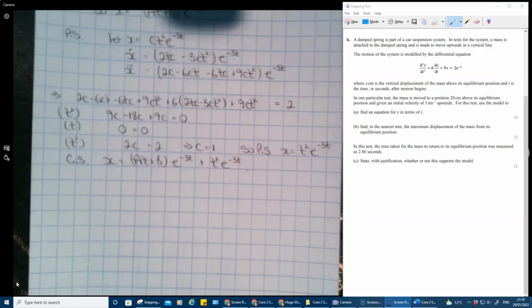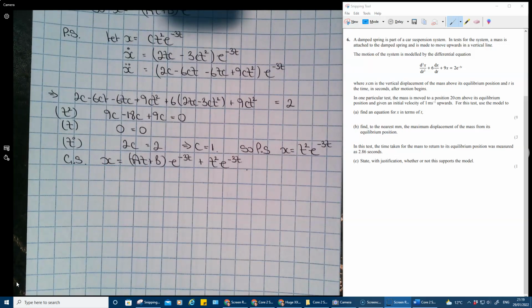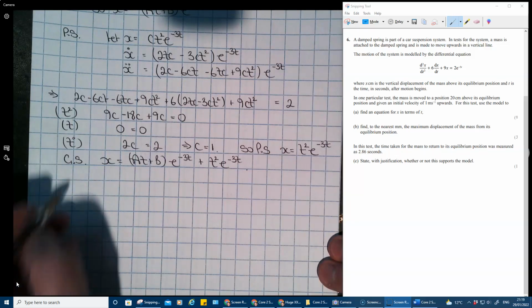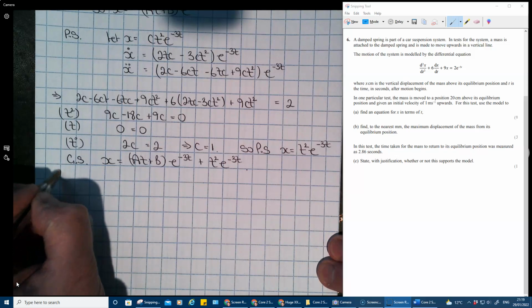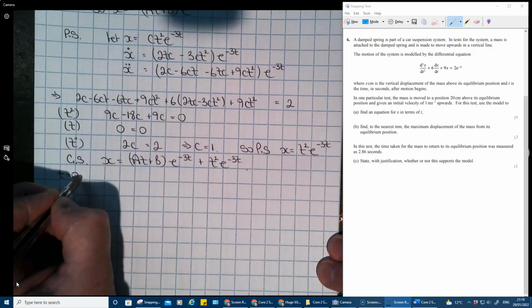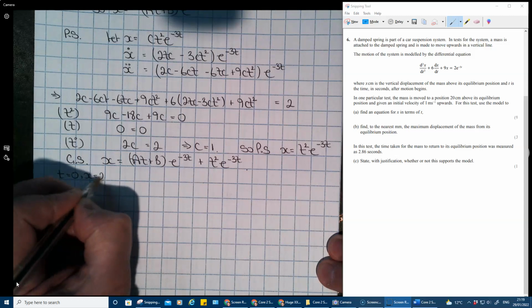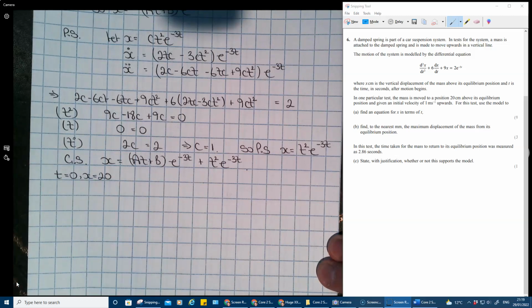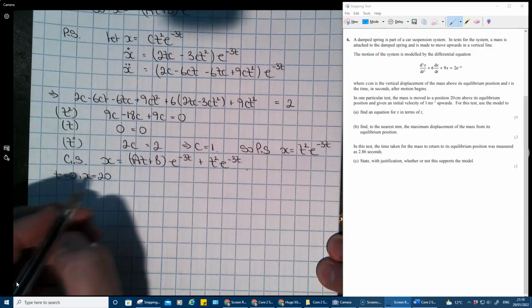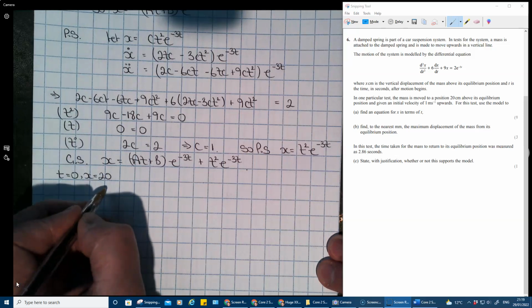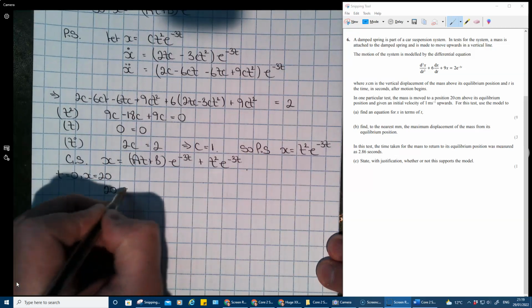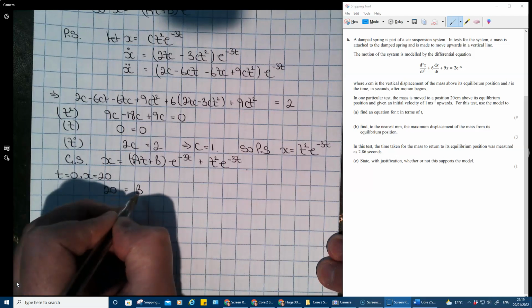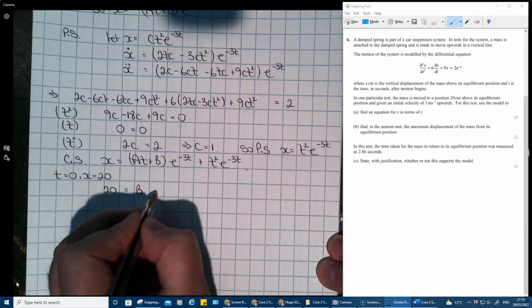We're told that the velocity is 1 when it's moved a position of, okay, so from t is 0, x equals 20. Okay, so initially it's moved 20 centimeters away. So that tells me 20 equals b. Okay.